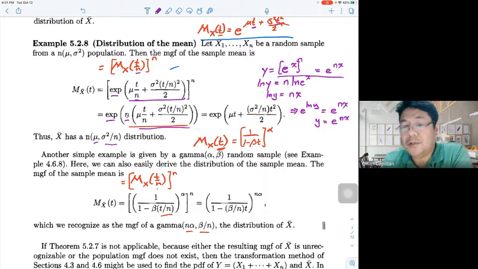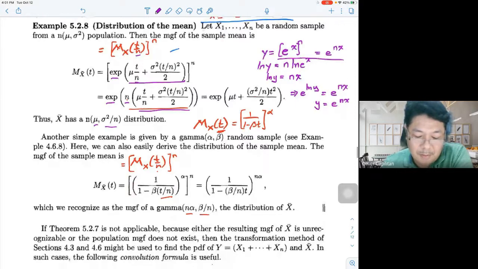Therefore, using this MGF technique, we were able to determine the distribution of the sample mean. So when we consider a random sample from a normal distribution, the distribution of the sample mean also has a normal distribution with mean mu and variance sigma square over n.